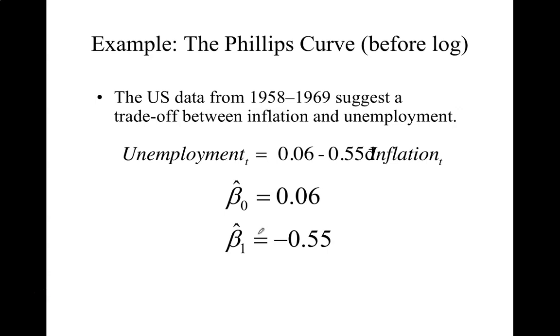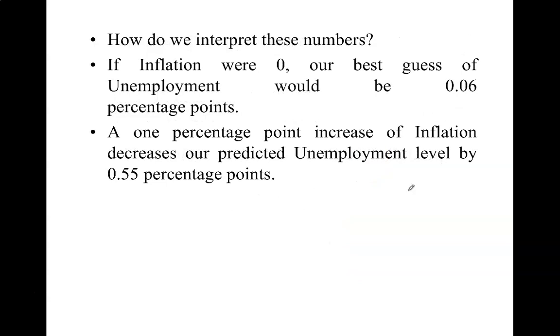Again, it's a relationship between unemployment and inflation. Here, supposed to be I. Pretty interesting, it came out like a D there. The data suggests a trade-off between inflation and unemployment. This is the relationship. You get the beta, this is the constant, and this is beta 1 represented by inflation before log. How do we interpret?